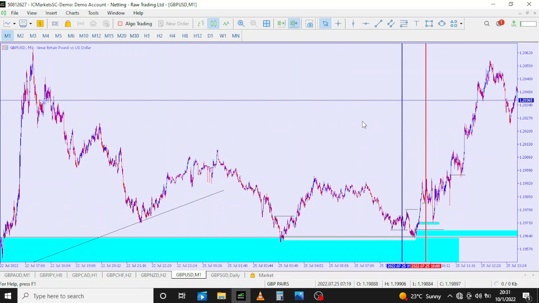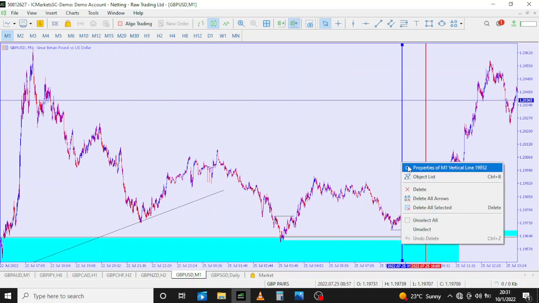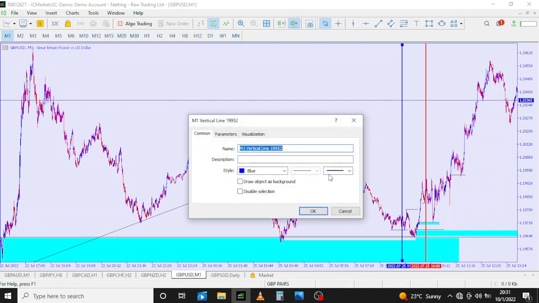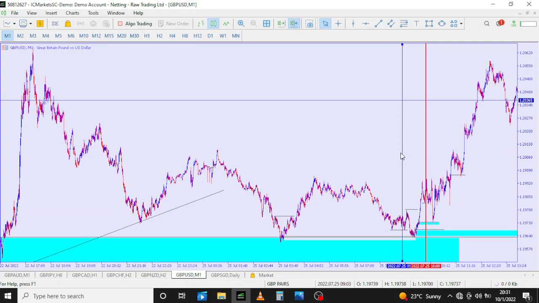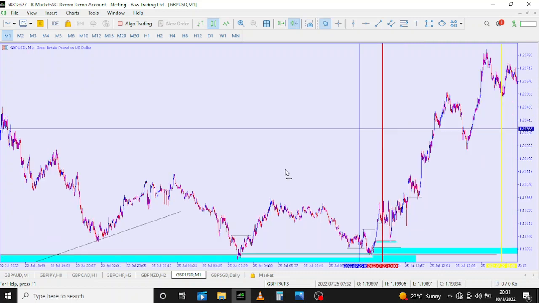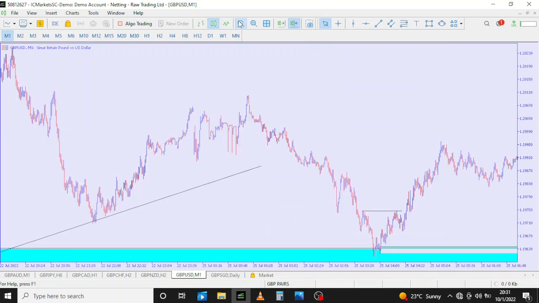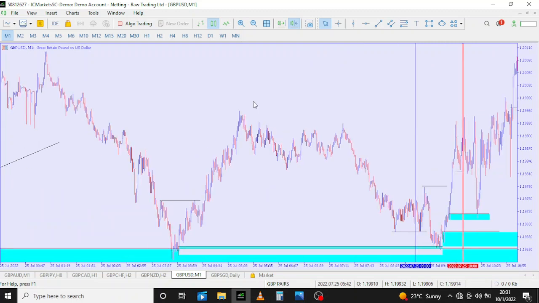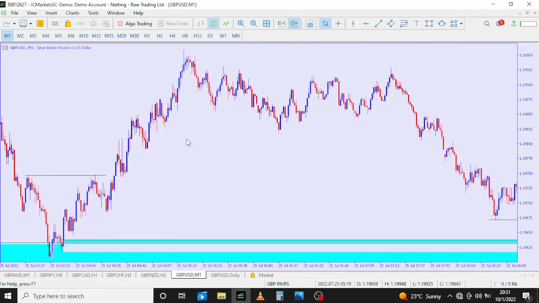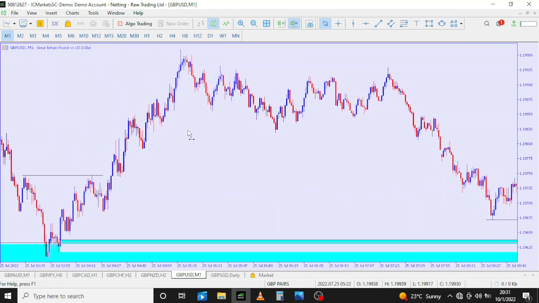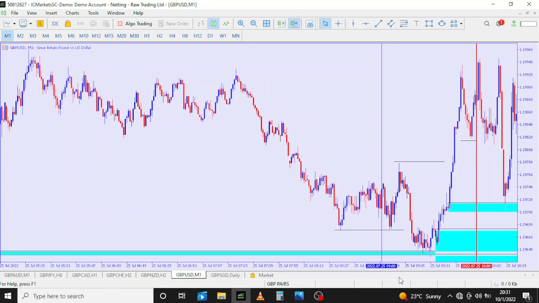But we're gonna see this very interesting concept. But the price went on back to our, this is our point of interest, high time frame point of interest.